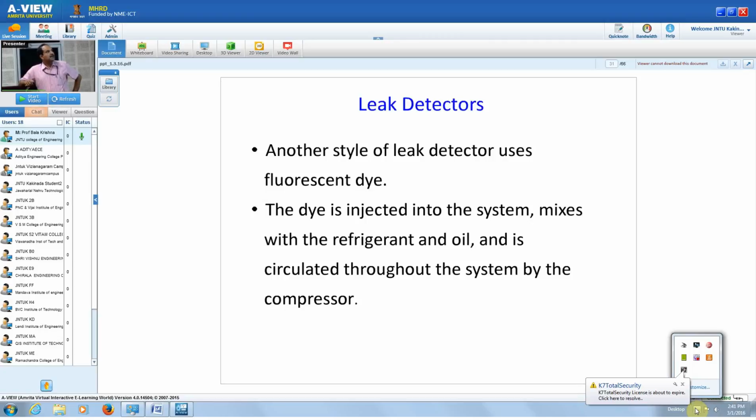Another style of leak detector is fluorescent dye. The dye is injected into the system, mixing with the refrigerant and oil, and is circulated throughout the system by the compressor. Generally, in the refrigerator, the compressor's work is to compress the refrigerant.